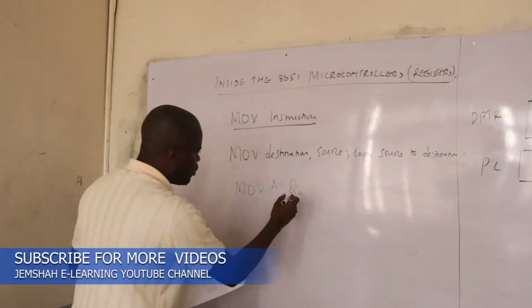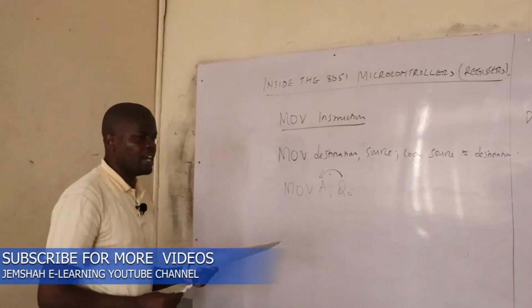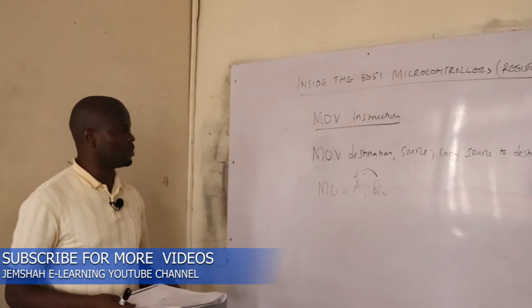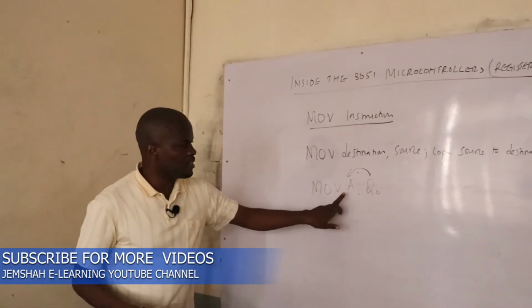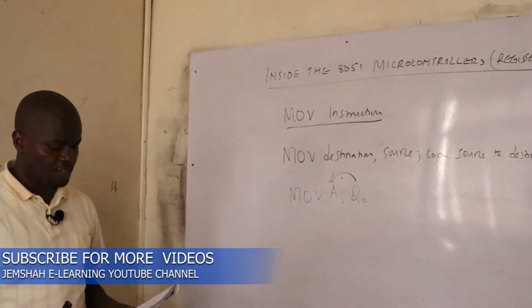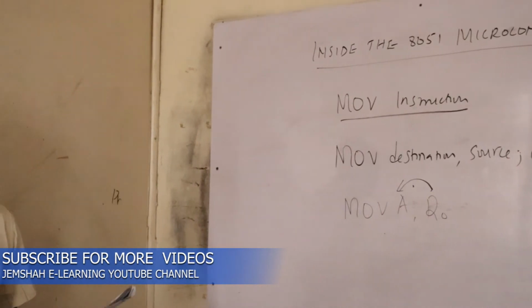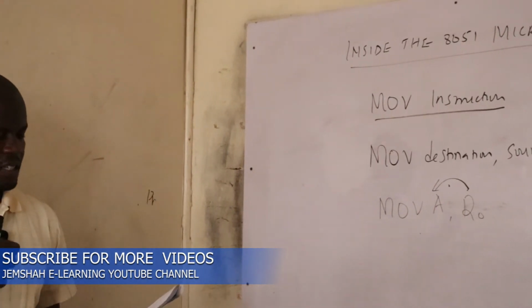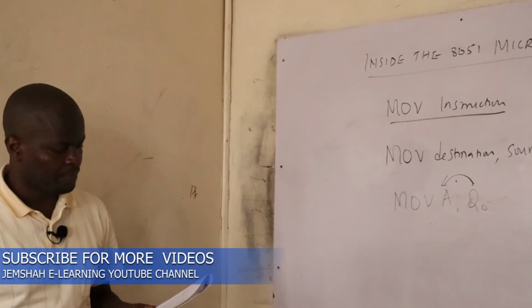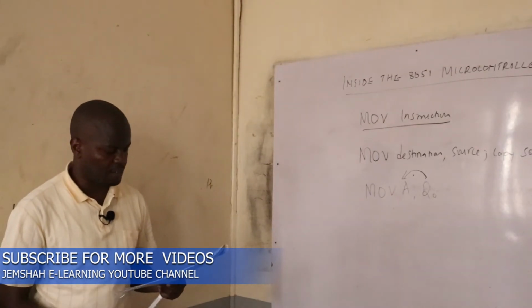From the diagram we had the register R0, so we are simply copying the content of register R0 into A. At the end of the execution, both register A and register R0 will have the same value. So the move instruction will not always affect the source operand.